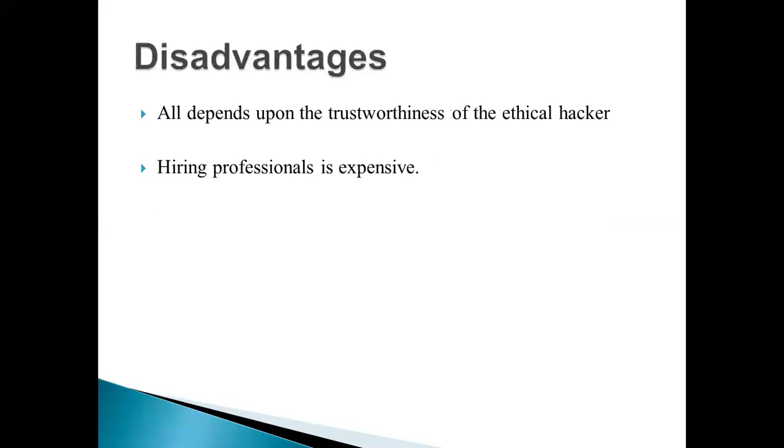What is the disadvantage? It all depends on trustworthiness. On one side I can say what I'm doing is ethical, and on the other side it can be unethical also. So it is based on the trust in how we are doing it. And hiring professionals for ethical hacking is very difficult and highly expensive.